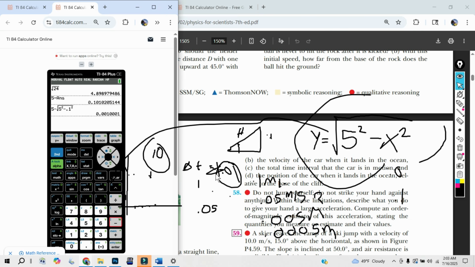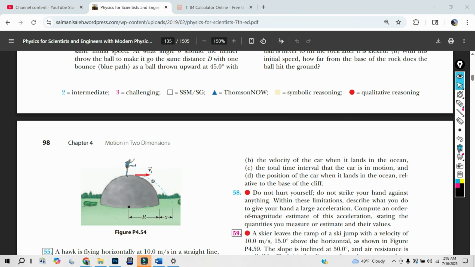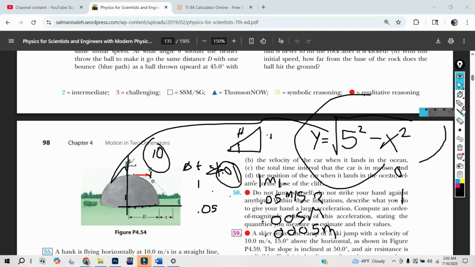So now this is the point where we do the same process for a different value. I'm going to say 5 meters per second. So let's go back to here and see if we can do that. Did not want to do that, but we can do a little erase.